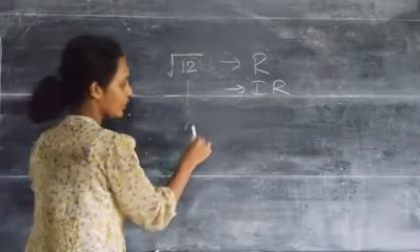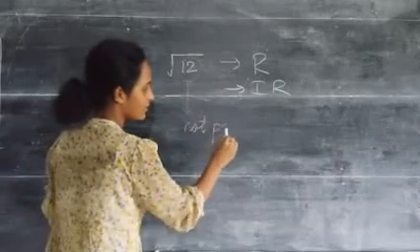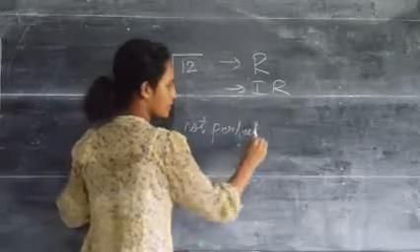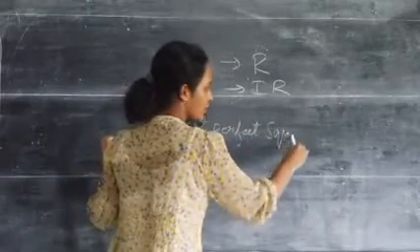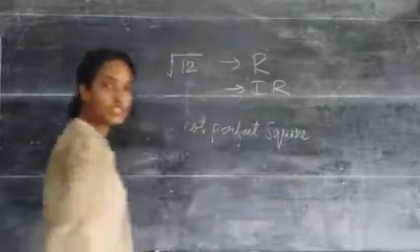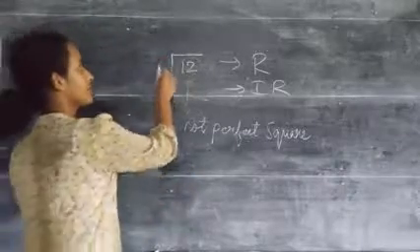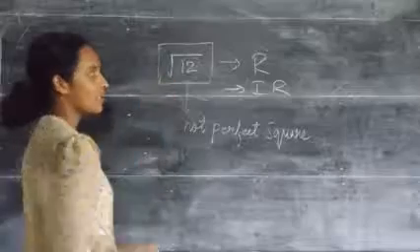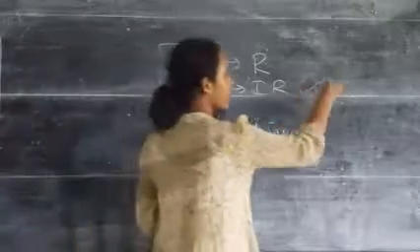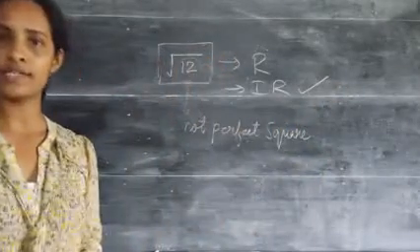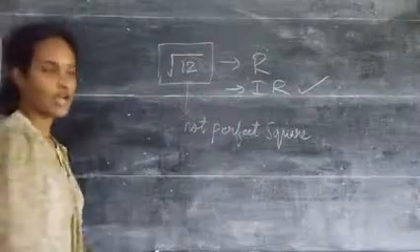It is not a perfect square, right? So since 12 is not a perfect square, the square root of 12 is irrational. Did you understand? Square root of 12 is irrational, right?